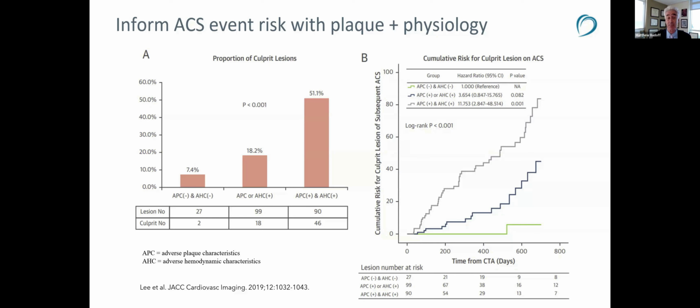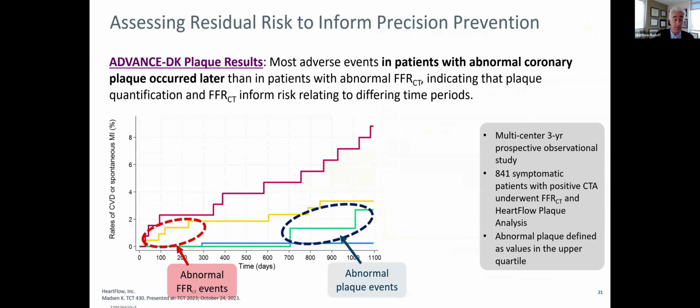Now, more than half the patients from these culprit lesions ended up with adverse cardiovascular events. On the right, you can see the cumulative risk for culprit lesions, and again, neither in green, but either in blue, and then the event rates so high in patients with both abnormalities.